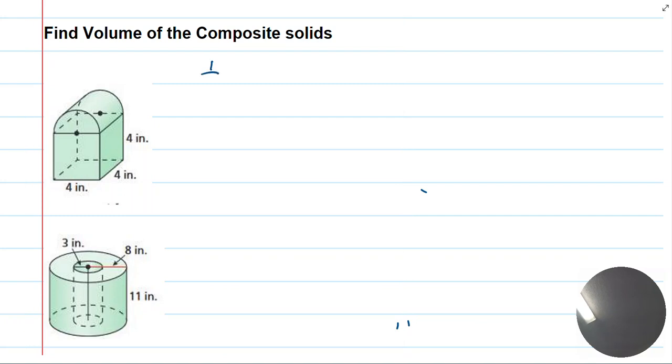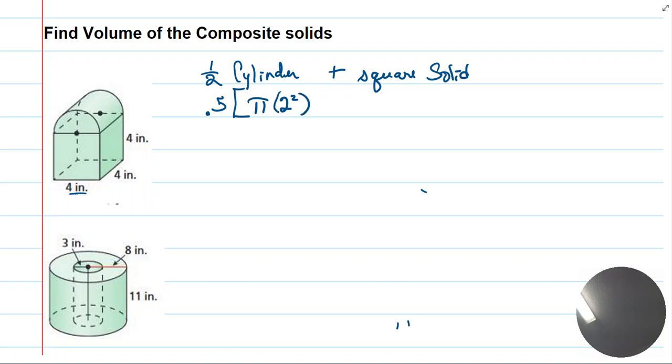On this one, we have 1/2 of a cylinder plus a rectangle, a square solid. All right. So we're going to put this as 0.5, and the cylinder is pi radius squared. And so what we have here is our radius is half, 4, so it's 2. And the height is a length of 4 because it's on its side.